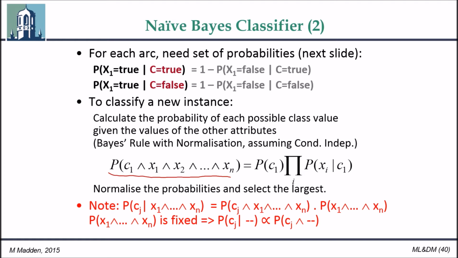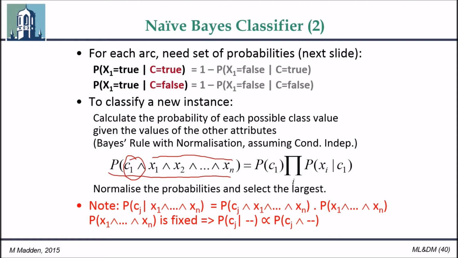So we'll compute the probability of this class given all of these things that we know about. This is the only thing we don't know about, so we'll try all the different values of C1, C2, whatever many values we have in our class node, given all of these other things that we do know the values of, and we'll compute their joint probabilities, and we'll normalize those probabilities and pick whichever one is the biggest.